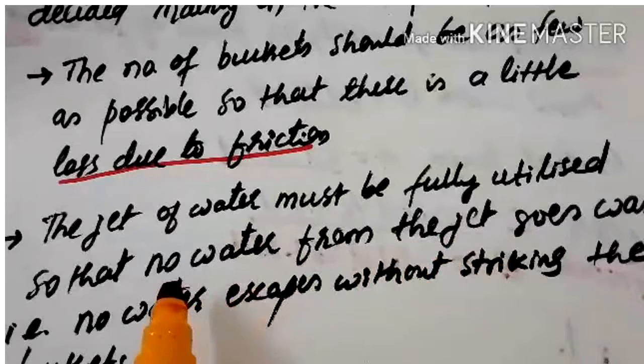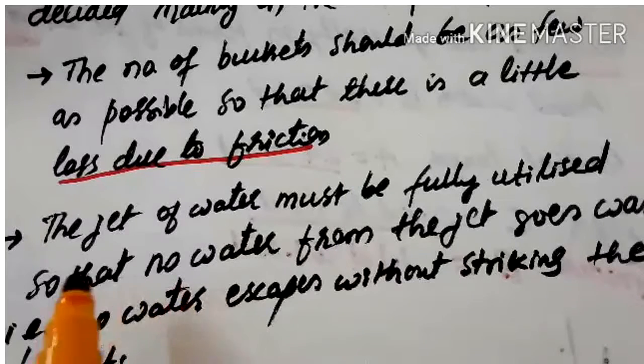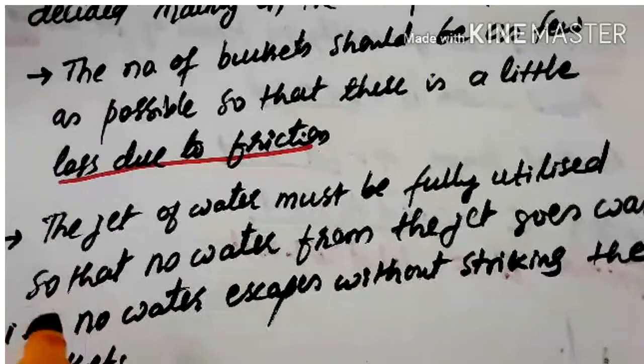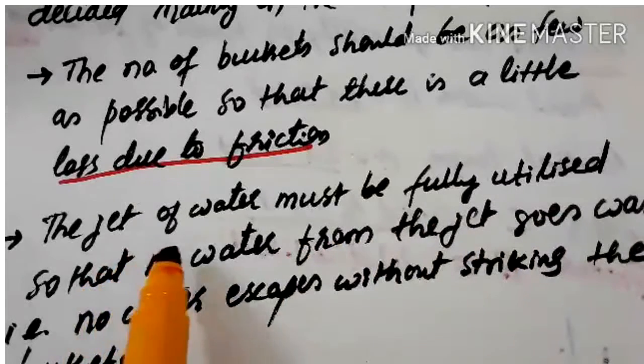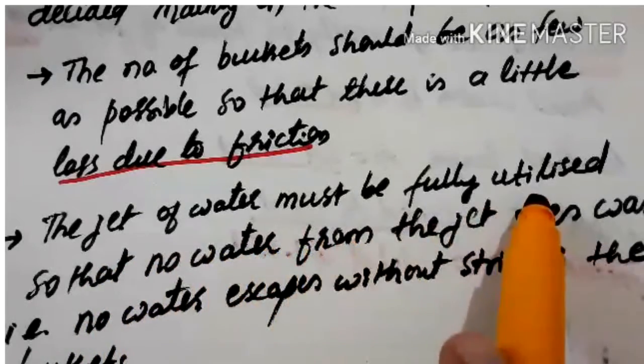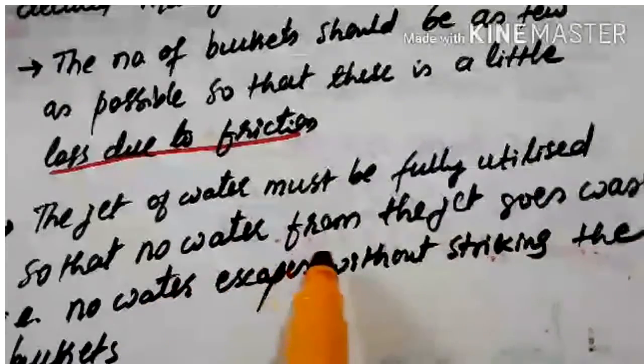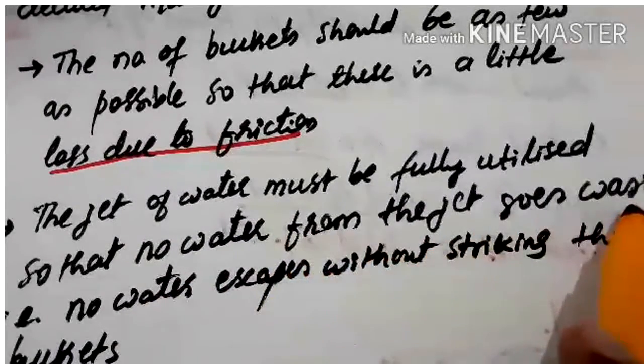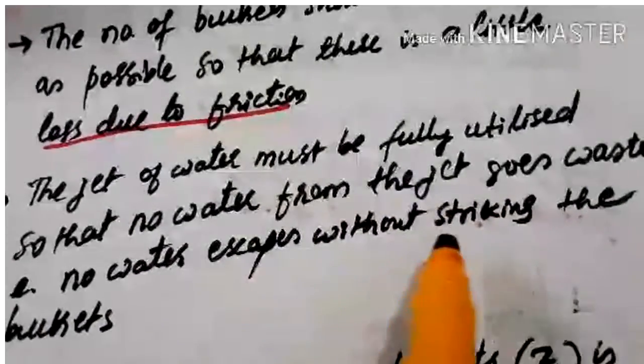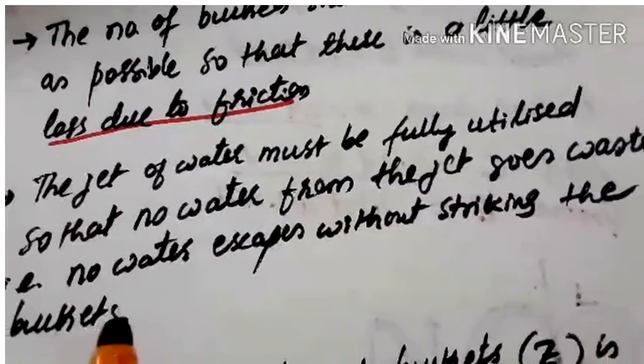None of the buckets should miss the jet. All the water coming through the penstock and the nozzle should be utilized completely. That's why the principle is that the jet of water must be fully utilized, so that no water escapes without striking the buckets.